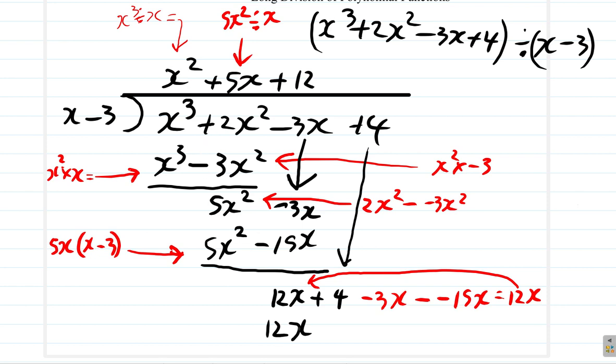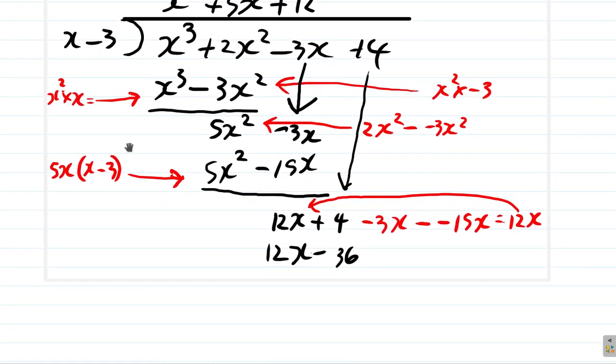So you line up with 12x under the 12x plus 12 times negative 3. Well, it's a plus negative 36, but you might as well just write minus 36. So we write minus 36 here. Alright? So this here comes from 12 times x minus 3.